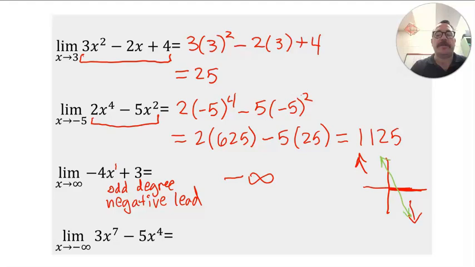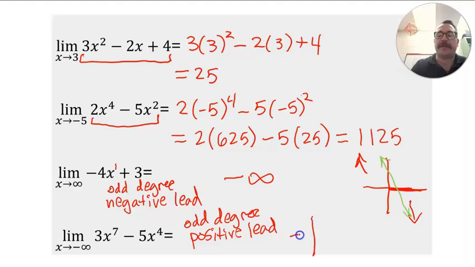All right, now the one below it, 3x to the 7th minus 5x to the 4th, that is another odd degree polynomial. But this has a positive lead term. So that means for its end behavior, or behavior at infinity, it goes up to the right and down to the left.